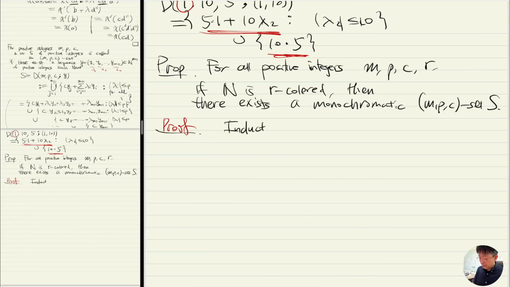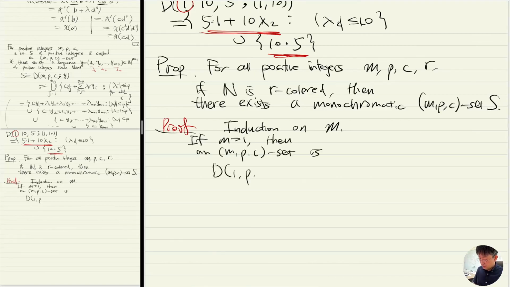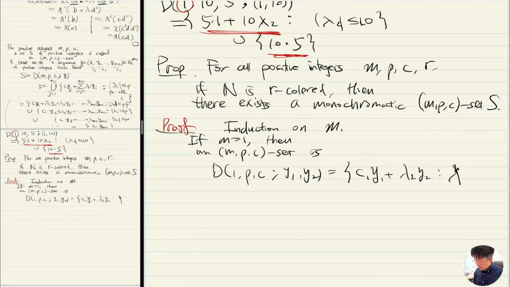All right, so the proof is induction on m. If m is 1, then an Mpc set is, as we have seen already, like cy1 plus lambda 2 y2, where lambda 2 is at most p, union cy2, for some y1 and y2.